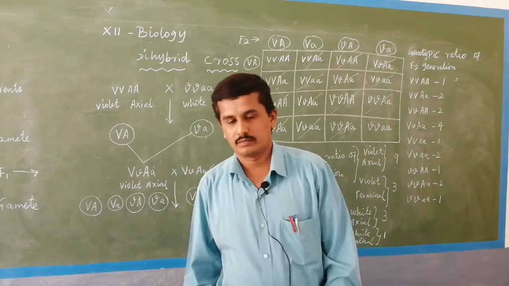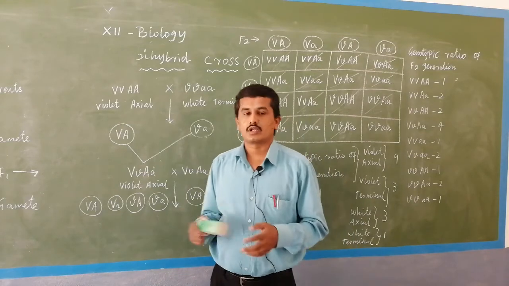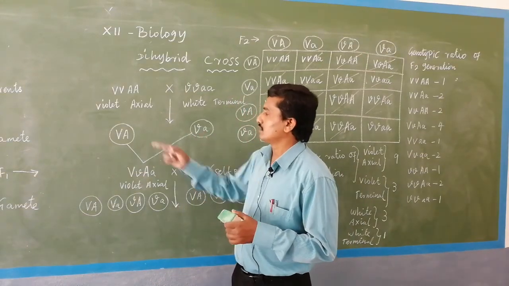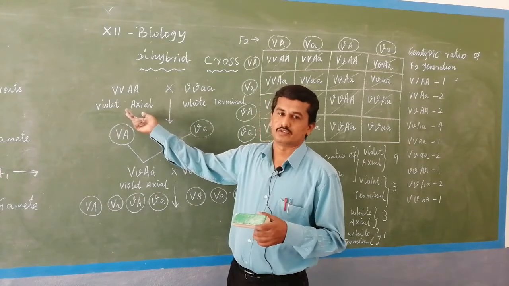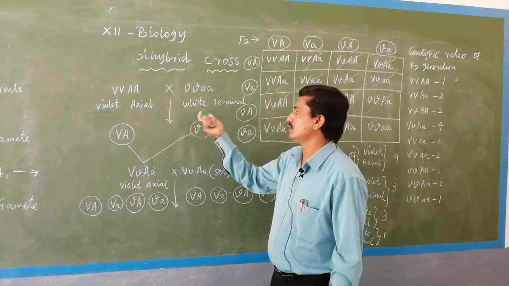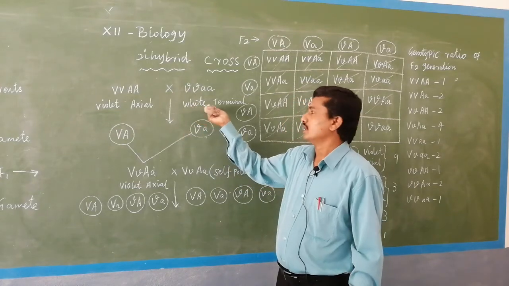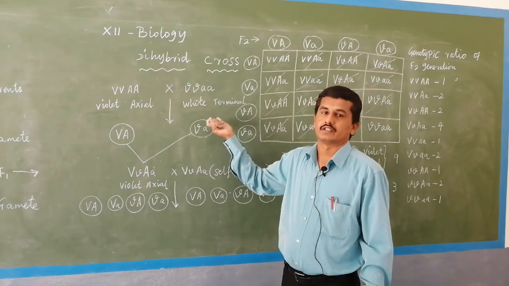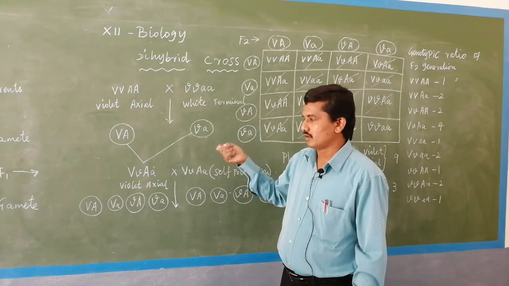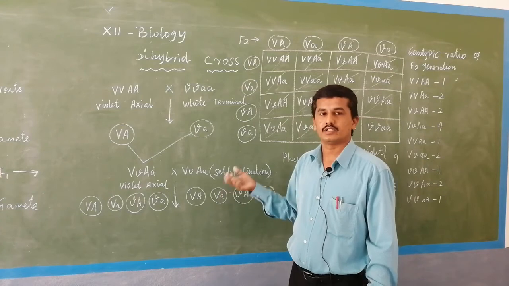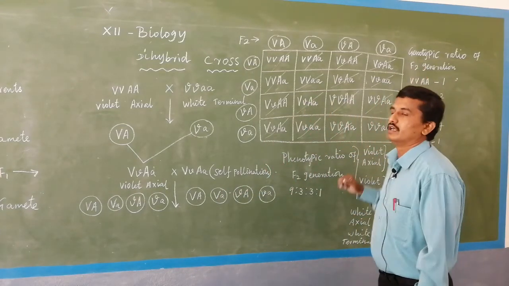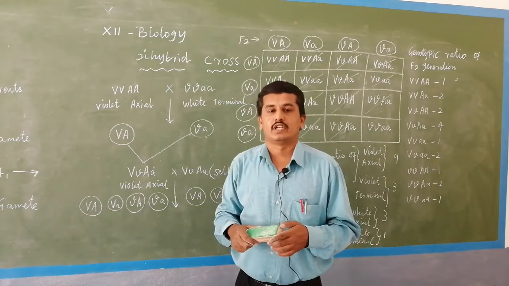In your board examination, work out a cross between a violet flowered, axial position pea plant, which is crossed with a white flowered and terminal position plant. Then work out the cross and show the phenotypic and genotypic ratio of the F2 generation.